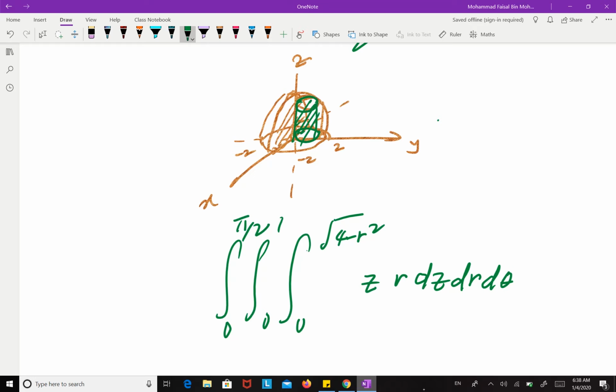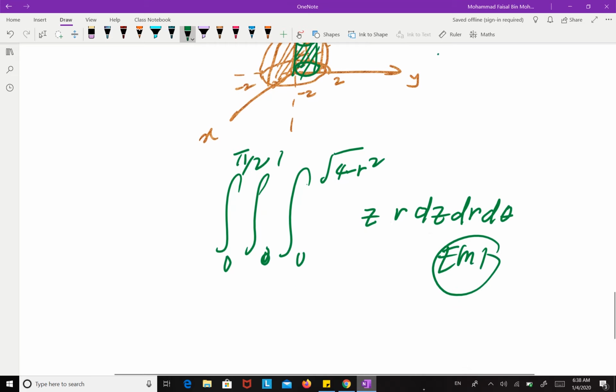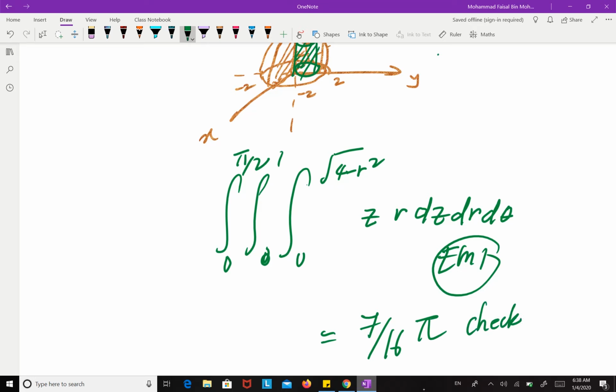So if you find this, because this is just a Engineering Mathematics 1 problem, you will get 7 over 16 pi. So please check. If anything is wrong, just PM me, a personal message to me. Check and refer to me.